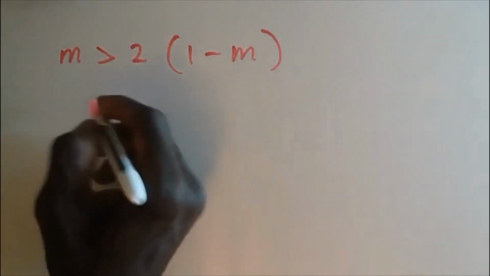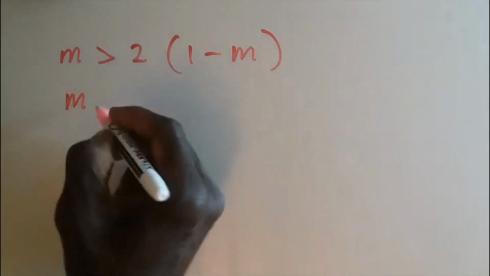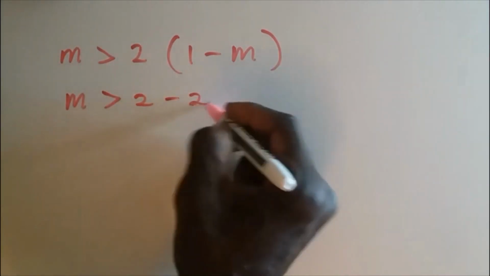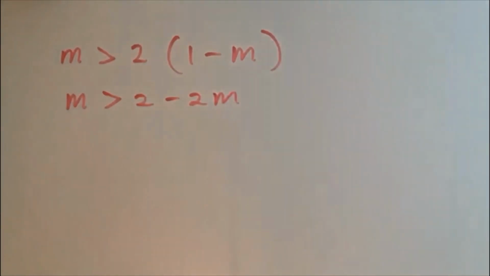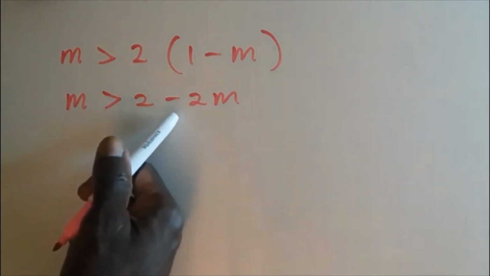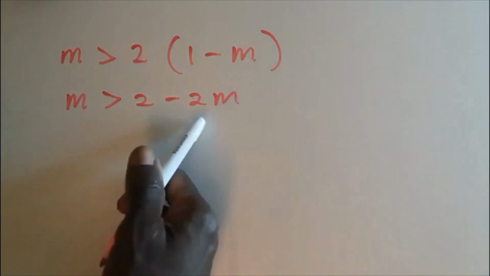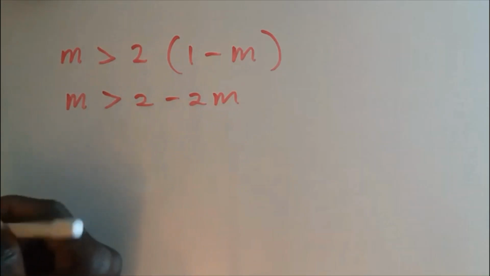Let's have a go at this one. We have m, we clear the brackets, greater than 2 minus 2m. We'll move our negative 2m from the right over to the left by adding positive 2m to both sides.